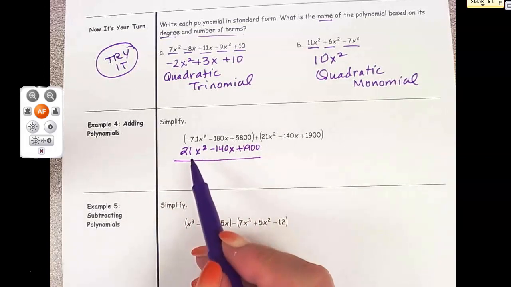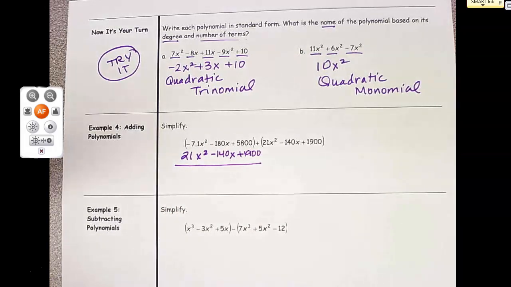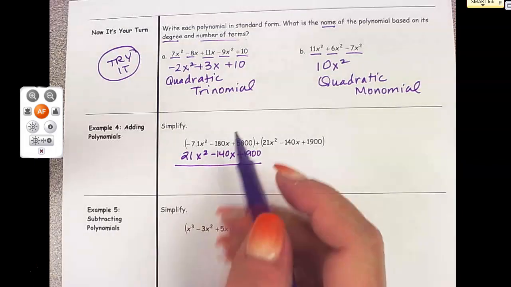So negative 7.1 plus 21. Let's see, let me get my calculator. Okay, so I have something different here.